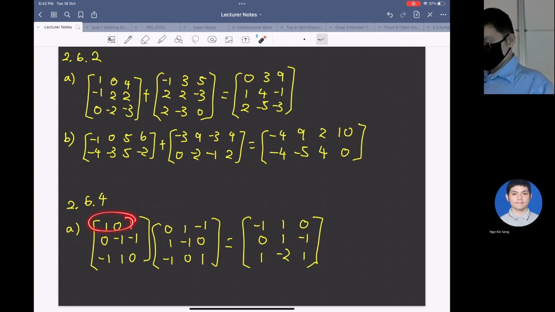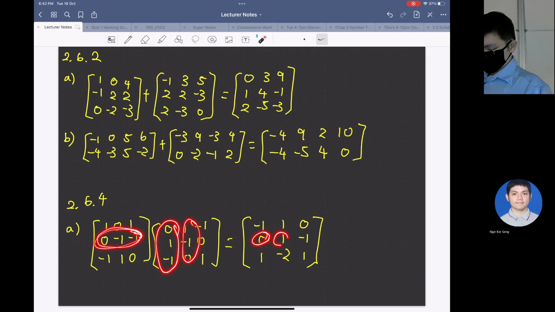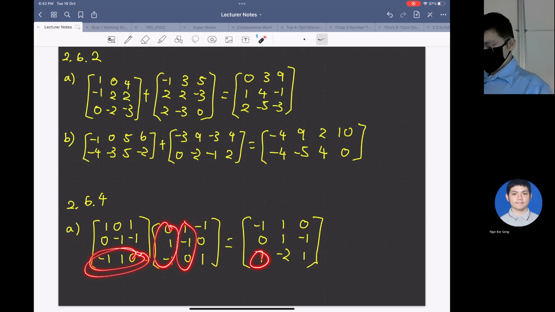Then the first row times the third column gives the first row, third column. Then the second row times the first column gives entry 2,1. Then 2,2, 2,3, and then 3,1, 3,2, and 3,3 here.